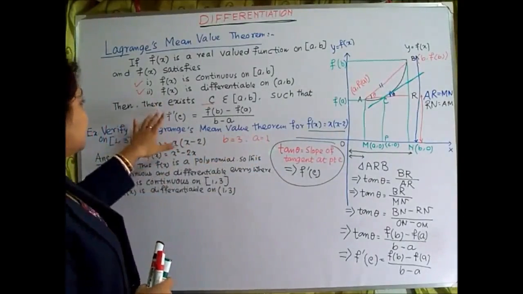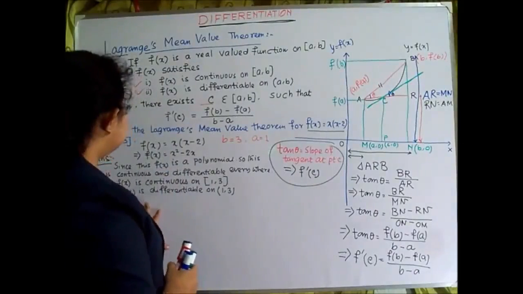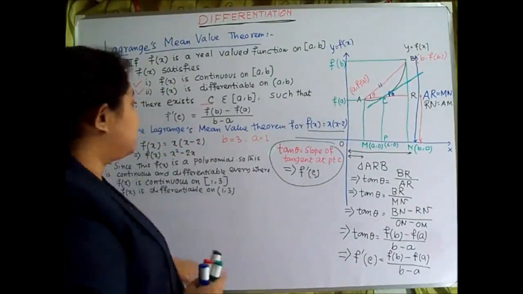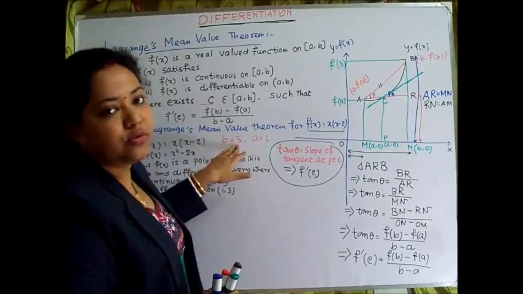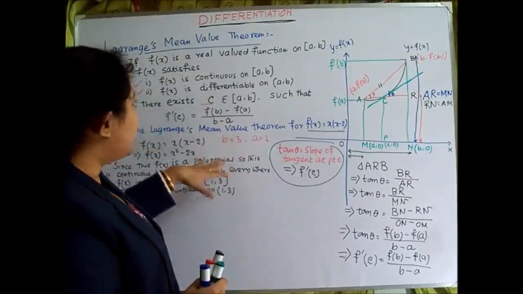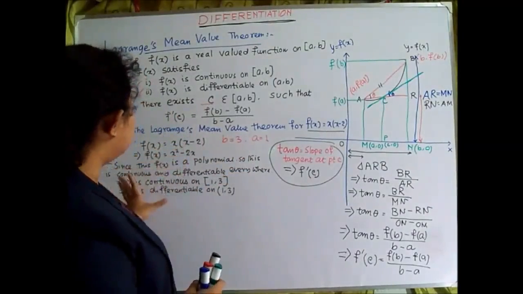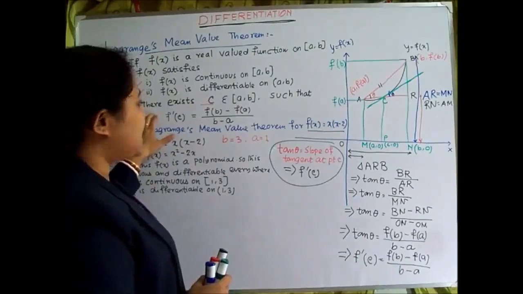For this expression to be satisfied, there exists a C. We have to check that this C lies between 1 to 3, right? To verify this Lagrange's mean value theorem, we have to show that there exists a number for which this formula is satisfied.